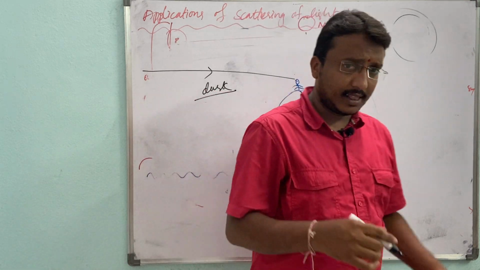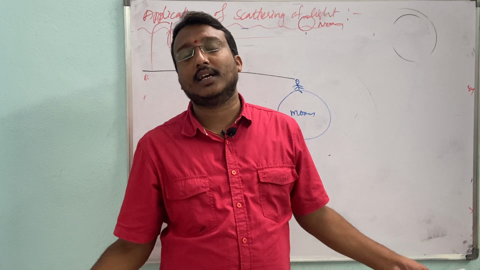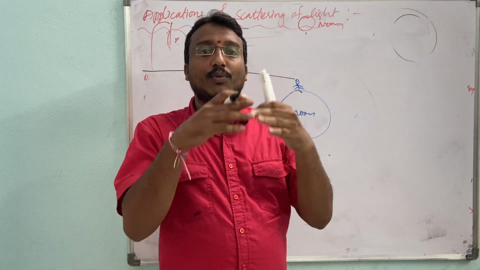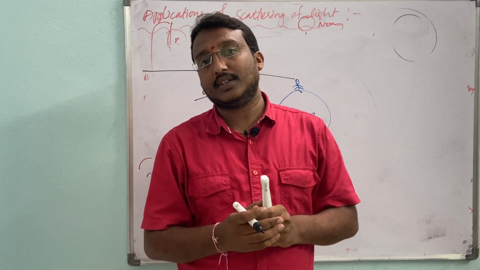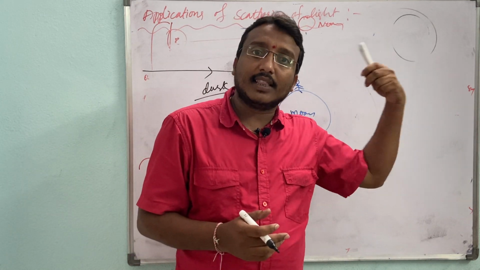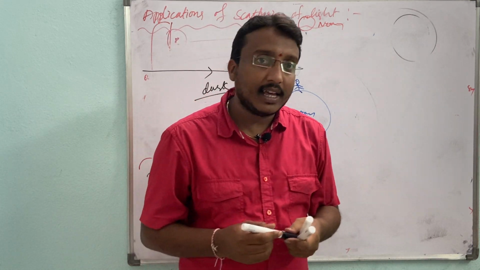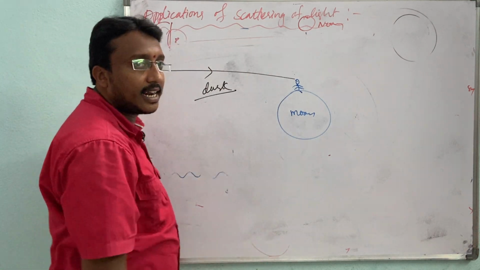Why? Because there is no atmosphere, no scattering can take place. So when we observe from the moon, the sky totally appears dark in color, due to there being no scattering. Got it? These are a few applications of scattering of light.